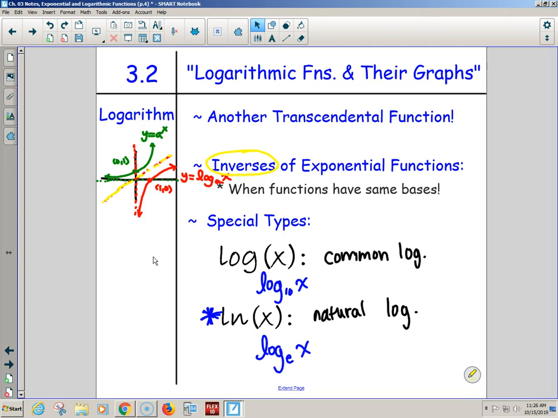Oh, that's right. Exponential functions have a domain of all real numbers. So where do logarithms come from? They come from the inverse. From y's negative infinity to positive infinity, because inverses, don't the domains and ranges switch?